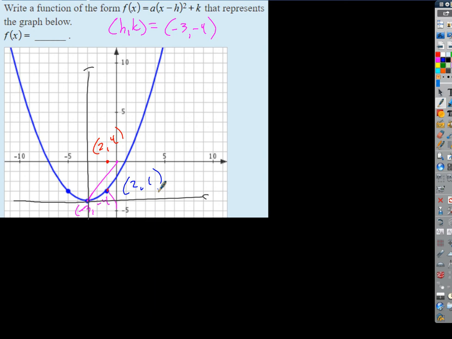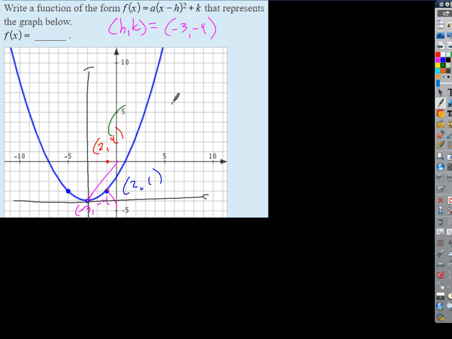That's a pretty nice, easy calculation. But what if those were bizarre numbers? Like what if that was a 7 and that was a 3? How could I come up with an algorithm that I could always use to find the vertical dilation factor? If this is the final value and that's the initial value, and I multiplied by the vertical dilation factor to get the final value, I could set that up as an equation.